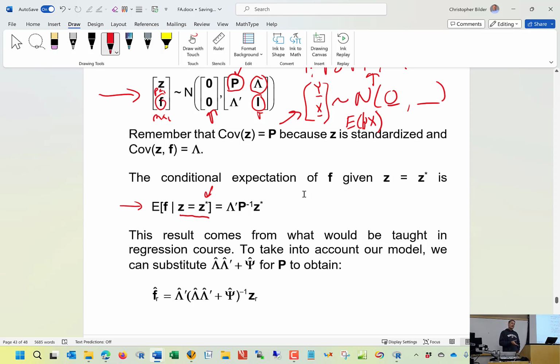So what I have here is what's called a conditional expectation. Given something, what would I expect on average my random variable to be? You've seen conditional probabilities before in a Stat 801 like course. It's the same concept here. And one can show in this particular setting that expected value ends up being lambda prime P inverse times Z star.